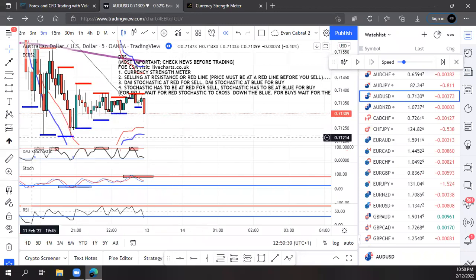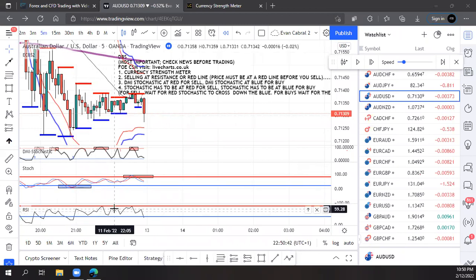So the last thing we are going to be considering is the RSI. We are doing the same thing. If it's a sell, we are waiting for the RSI to come to a red area.